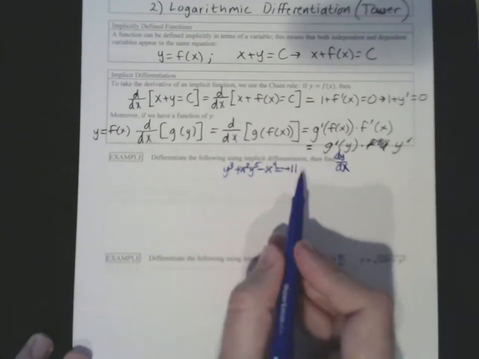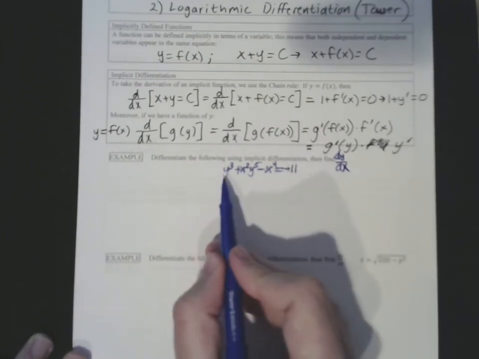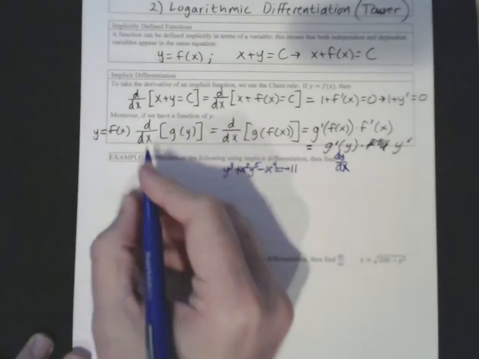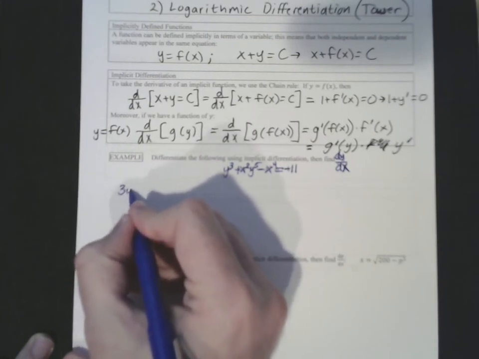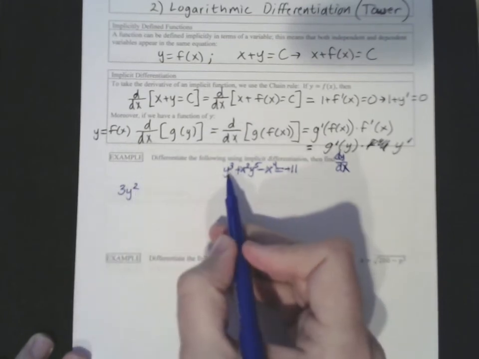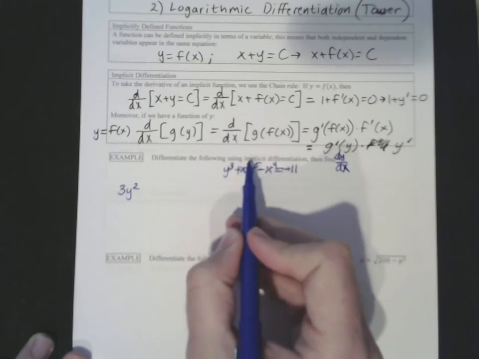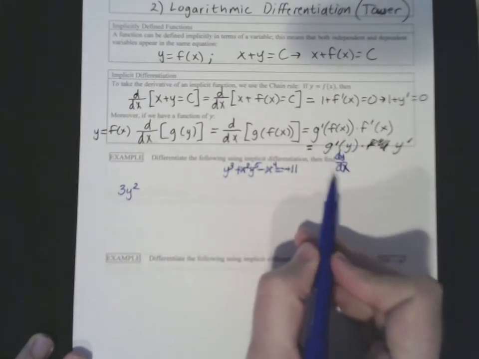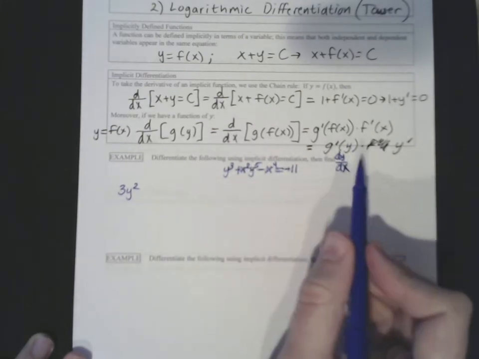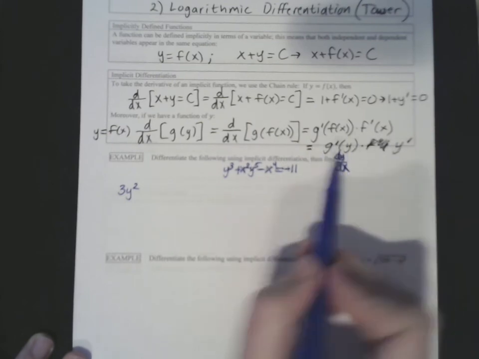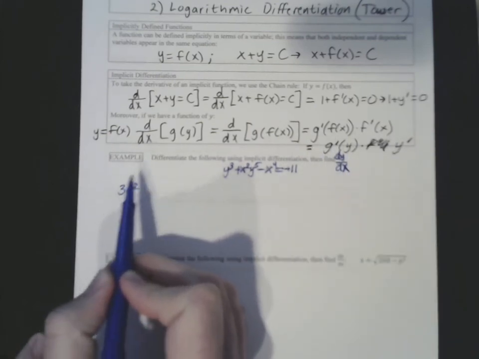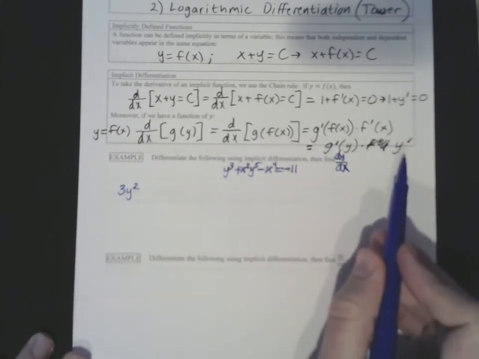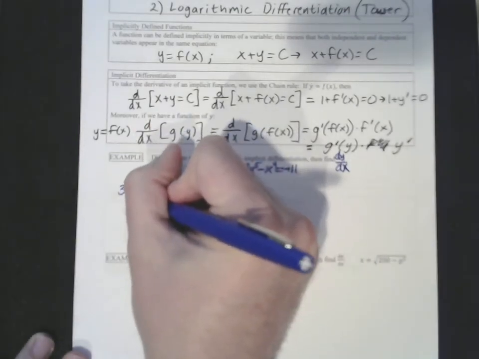And so we're just going to differentiate this. So when we have this y cubed, we take the derivative like we normally would, 3y squared. Now because y is an implicit function of x, we know that because we're trying to find dy dx, we need that chain rule. So this is g prime of y, that's 3y squared, and now we need the y prime. And we literally just put y prime.